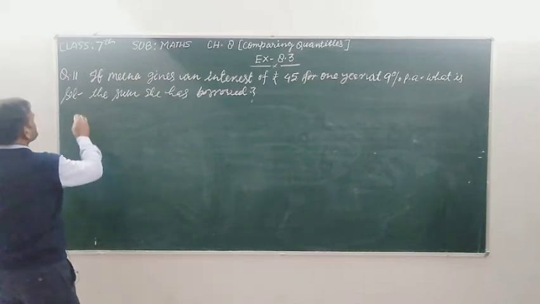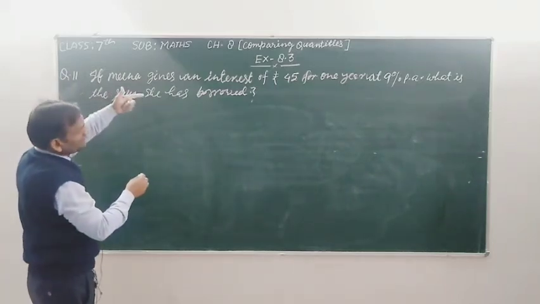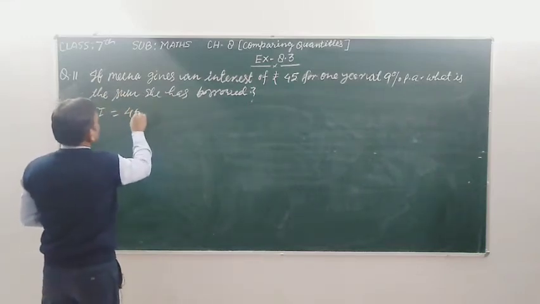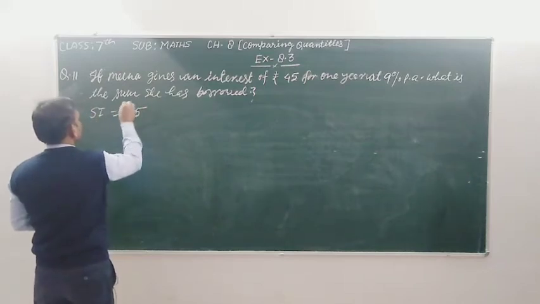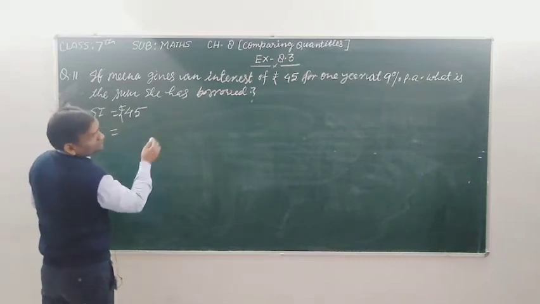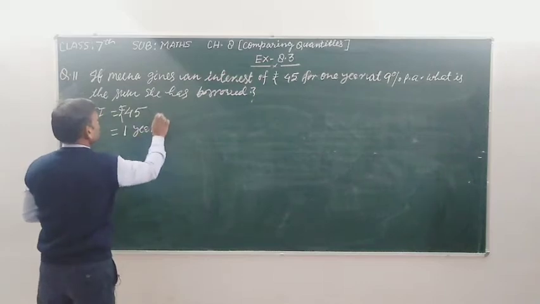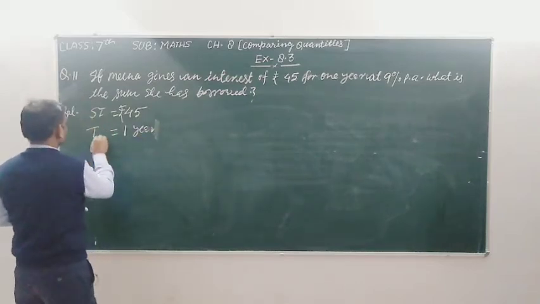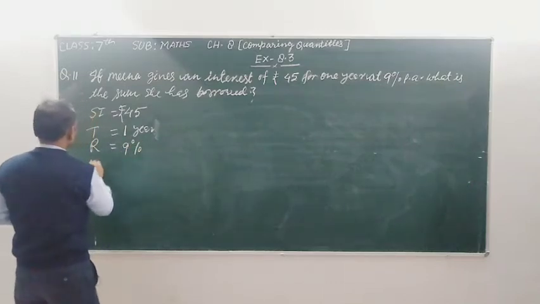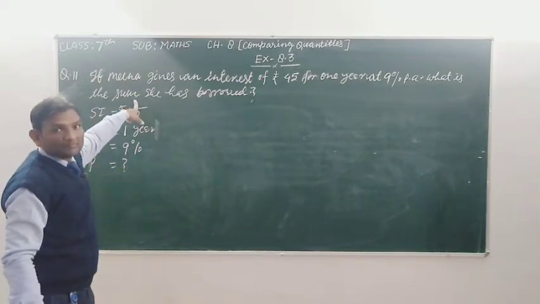So student, solution: SI is equal to 45 rupees and time is equal to 1 year, and R is equal to 9% and P is equal to question mark.